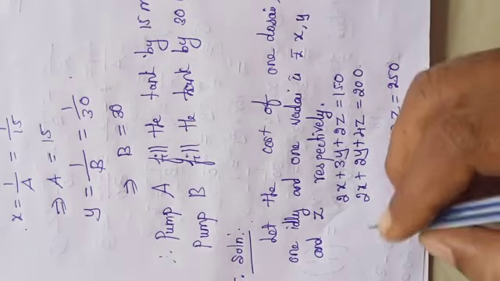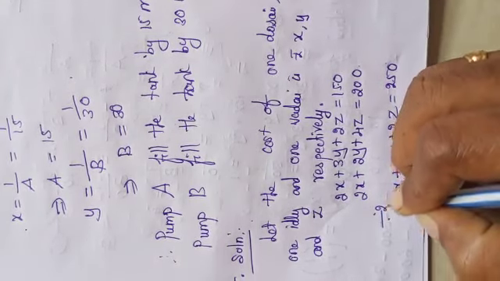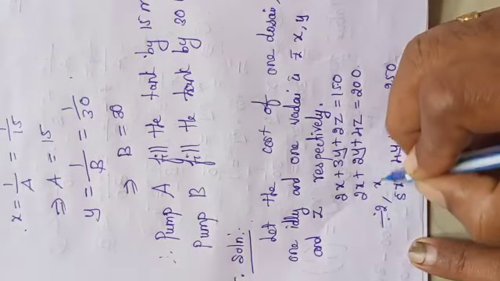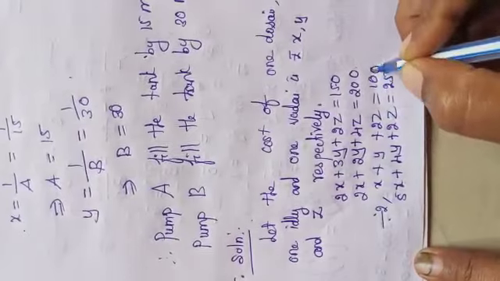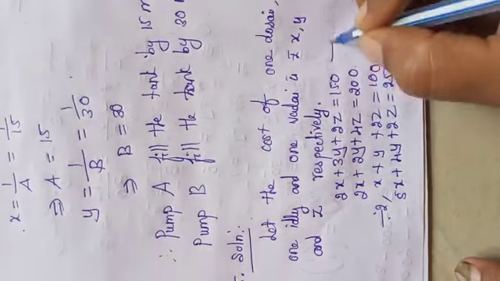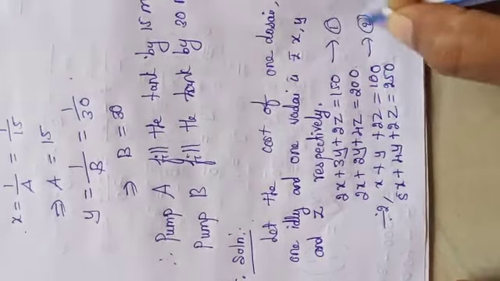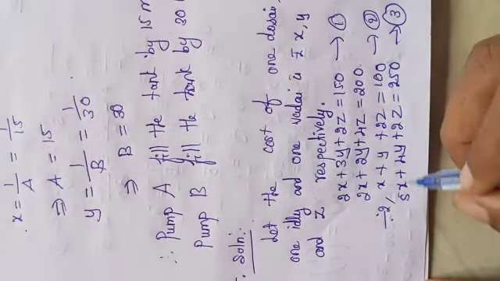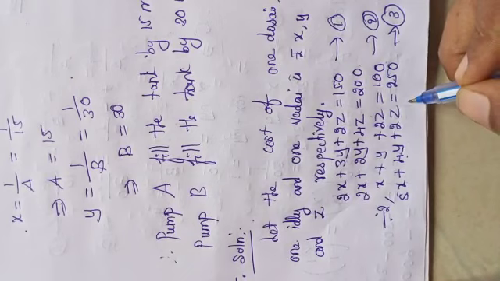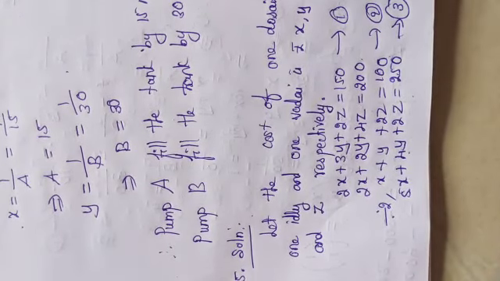Since everything is divisible by 2, divide by 2. So what will we be getting? x plus y plus 2z is equal to 100. If you want you can keep this as equation number 1, this is equation number 2, and this third equation is equation number 3.